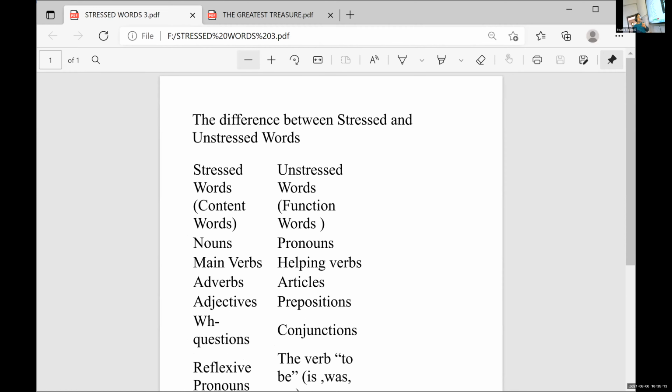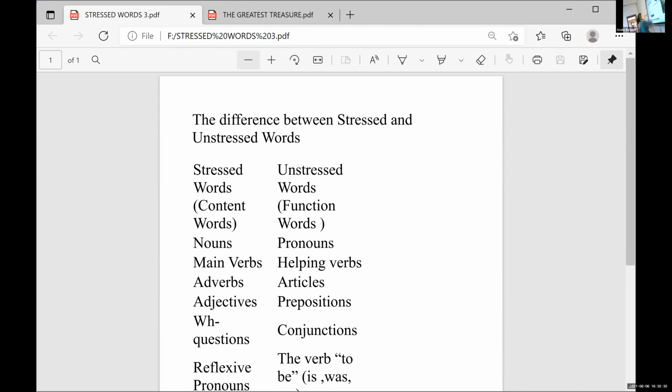All these are reflexive pronouns, whereas unstressed words are function words. Pronouns, helping verbs, articles, prepositions, conjunctions, and verb to be. The different forms of the verb to be are is, am, are, was, and were. These words need not be stressed.